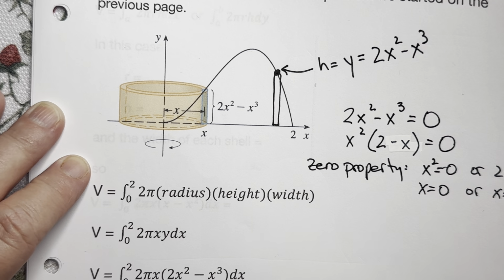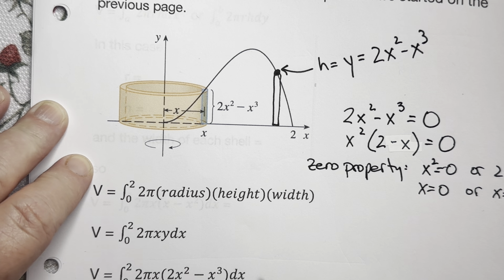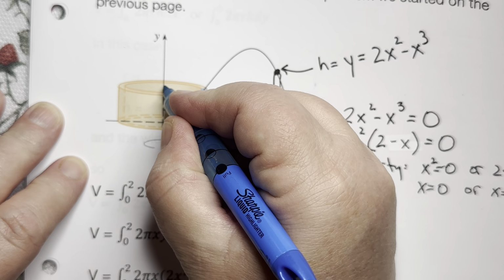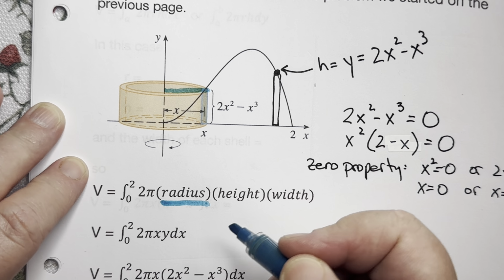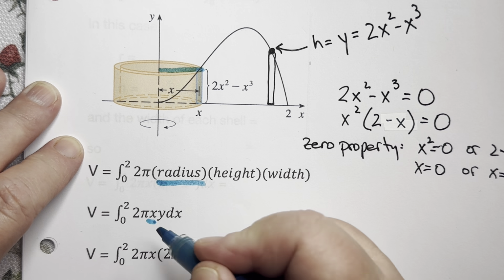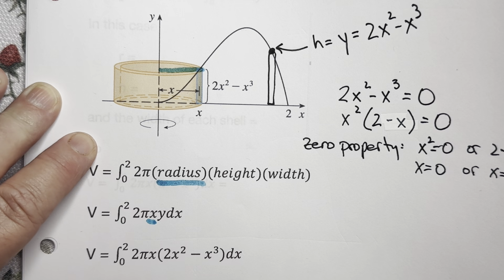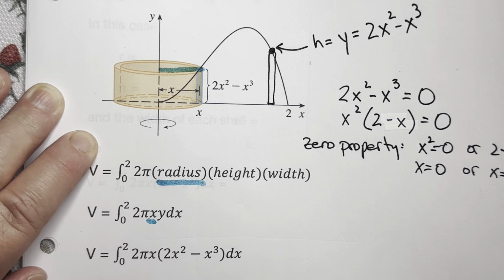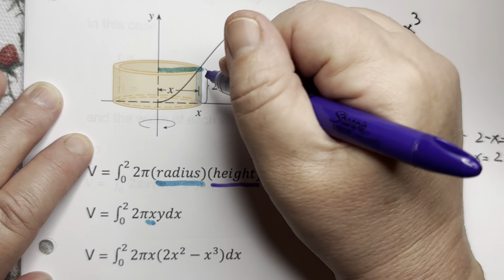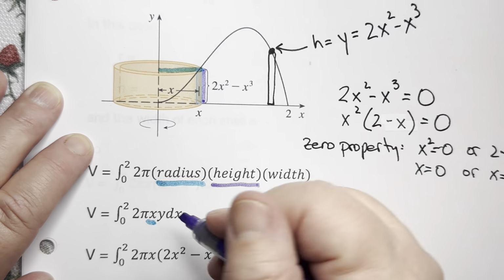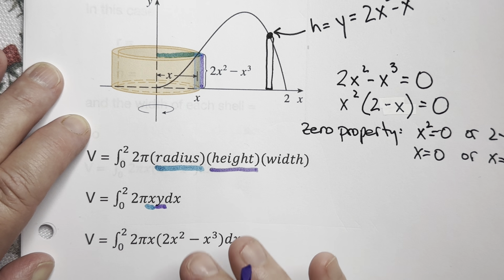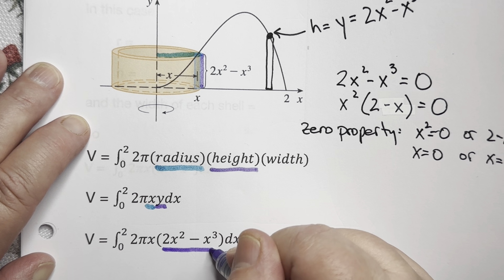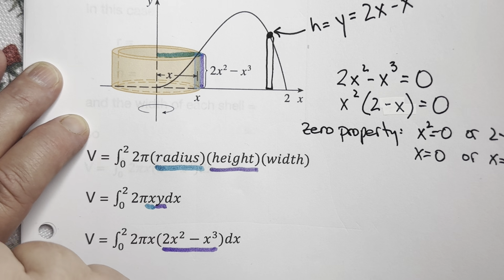The radius is from the center out there. That radius is going to just be the x value. Okay. What is the height? The height is this piece, and that's just whatever y is. As soon as we go to the next step, that's going to be 2x squared minus x cubed.